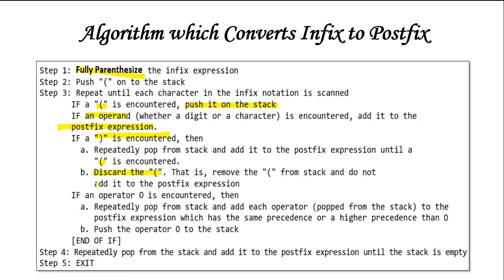Do not add it to the postfix expression. Then if an operator O is encountered, repeatedly pop from the stack and add each operator to the postfix expression which has the same precedence or a higher precedence than O. Push the operator O to the stack at the end. Then after all these steps, repeatedly pop until the stack is empty.